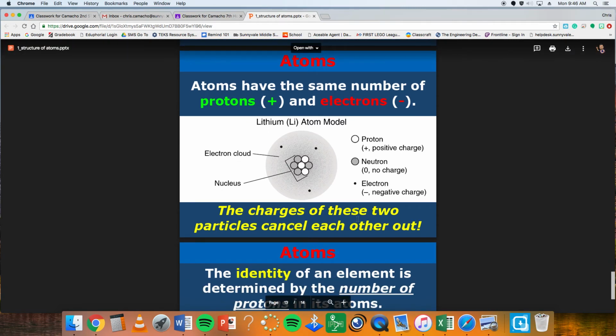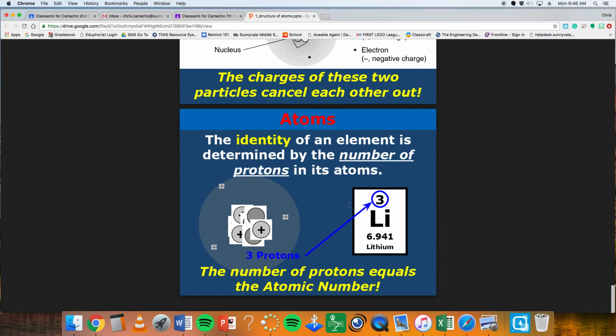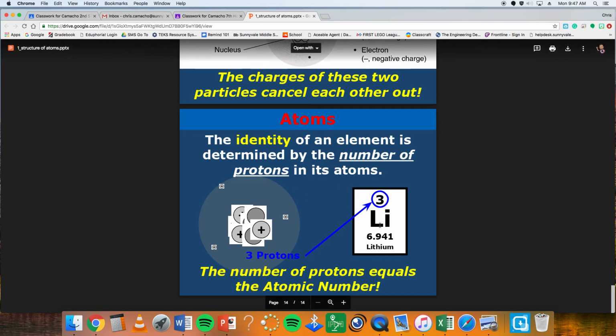We'll talk about charges a little bit later, but I just want you to understand the basics today. And the identity of the atom is determined by the number of protons in its atoms. So look at our lithium here.